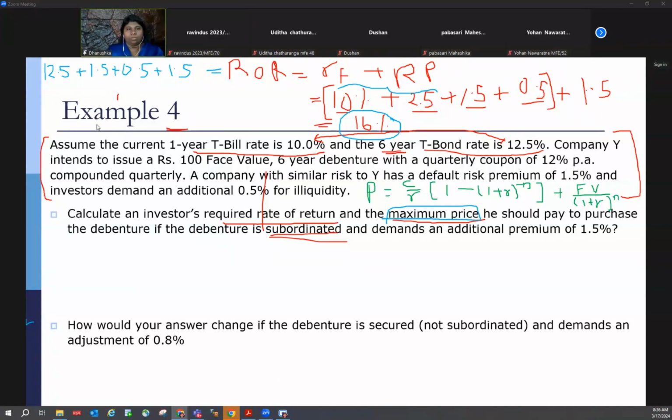Let's wait for a couple more answers to double check, but looks okay. Others, maximum price?